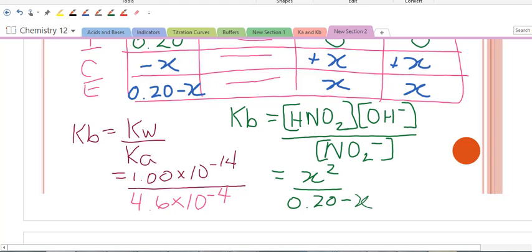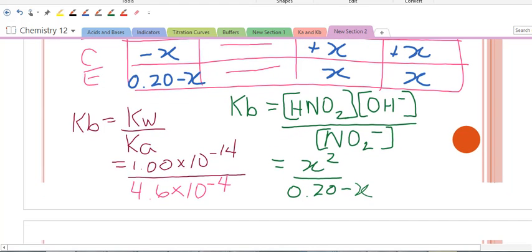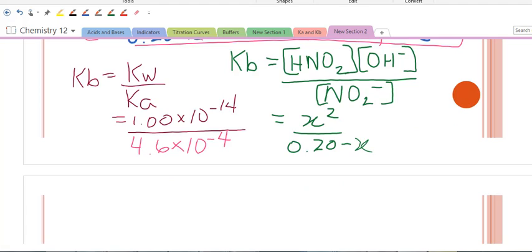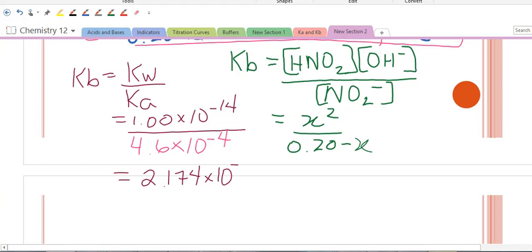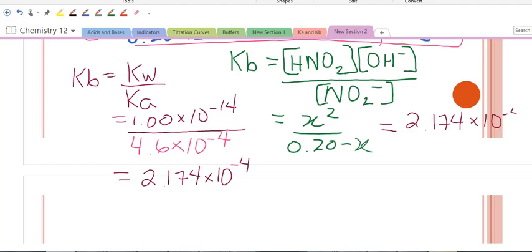So if you punch that into your calculator, you get a final value of 2.174 times 10 to the negative 4. So that is what our equation is equal to now, 2.174 times 10 to the negative 4.